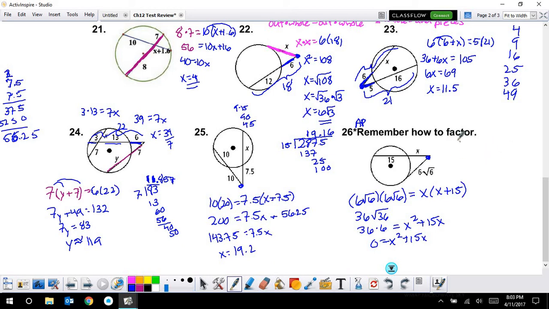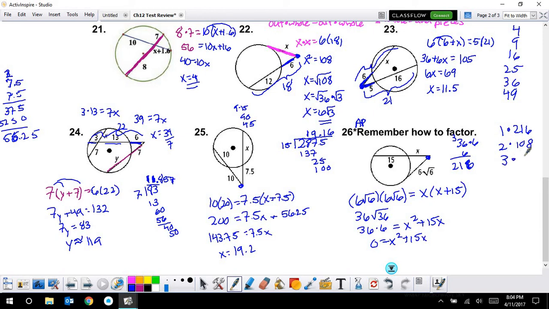So 36 times 6 ends up getting you to 216. That's more like it. So your factors of 216, we got obviously 1 and 216. We've got 2 and 108.